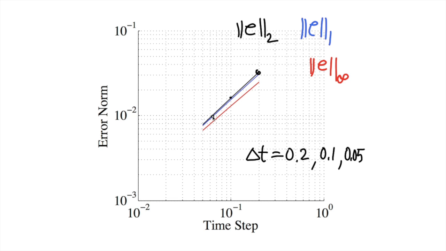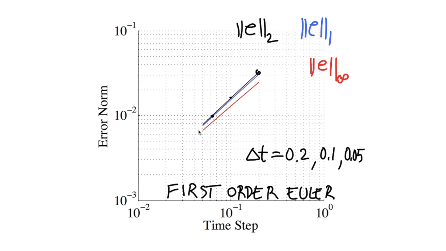And you can see that when we plot these norms, it's useful to plot them on a log-log scale. So error norm is plotted on a logarithmic axis here, and time step is plotted on a logarithmic axis. And this is for first order Euler. And we have the behavior that the error is proportional to the step size to a linear power, first power.